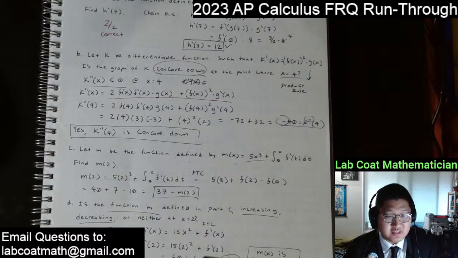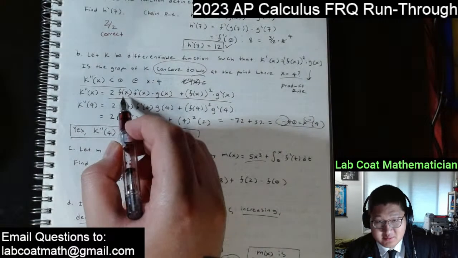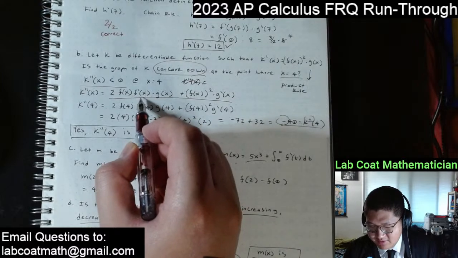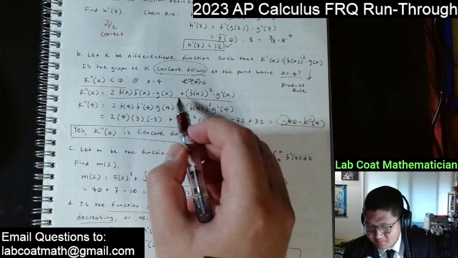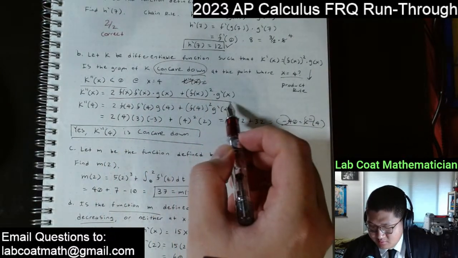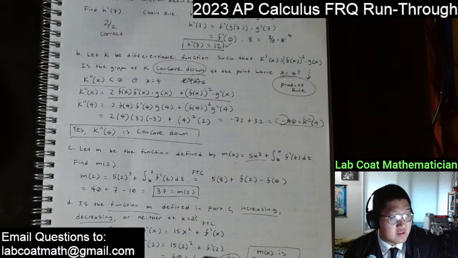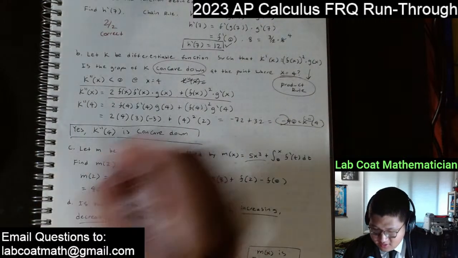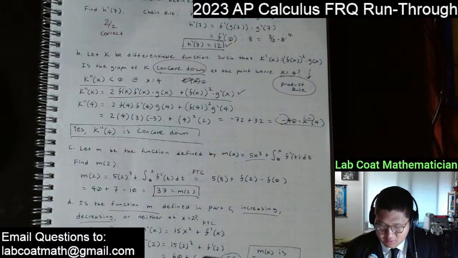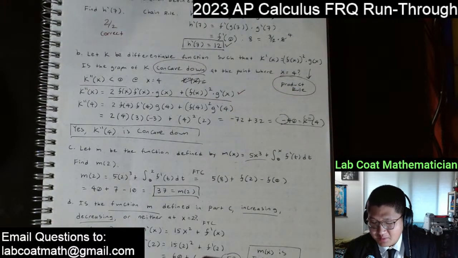Okay, so by doing that, we get the entirety of the second derivative of k. It looks a little bit messy, but the work still checks out that it's 2 times f of x multiplied by f prime of x multiplied by g of x plus f of x all squared multiplied by g prime of x. Again, that was the result of product rule from both of those parts on the k function. This result is exactly what they were looking for us to do the derivative properly.